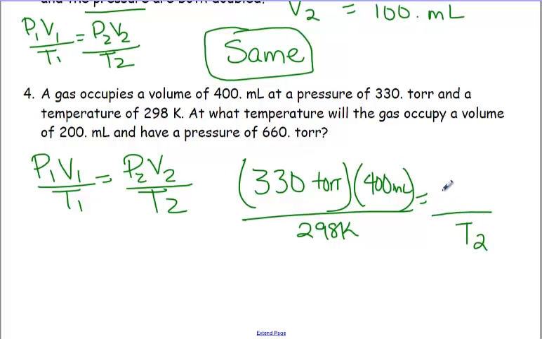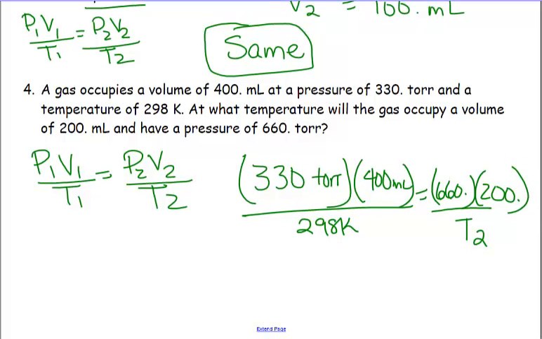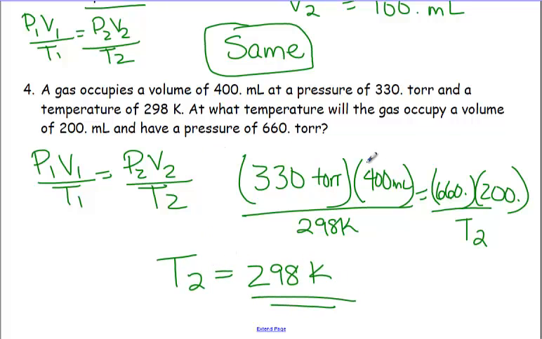Then we have 200 milliliters at 660 torr. I'm not going to put the units because I'm running out of space, but they're going to cancel out anyway. So our T2 is equal to 298 Kelvin. Look at that. We actually doubled the pressure and the temperature remained the same. It didn't change.